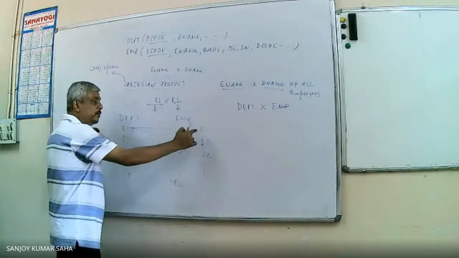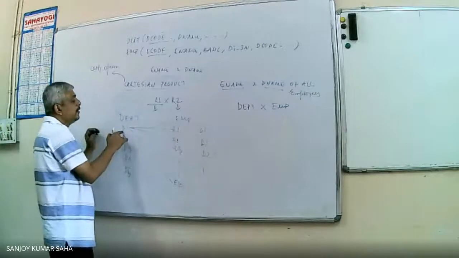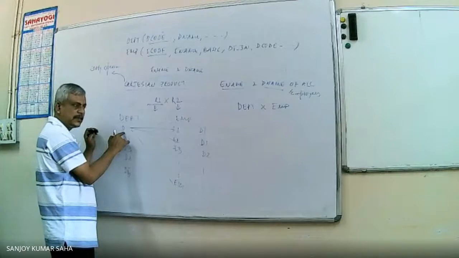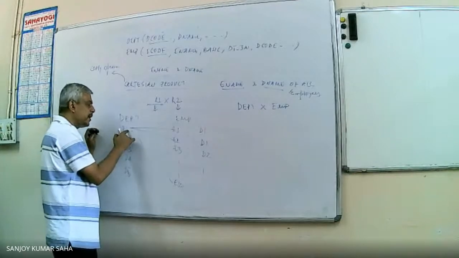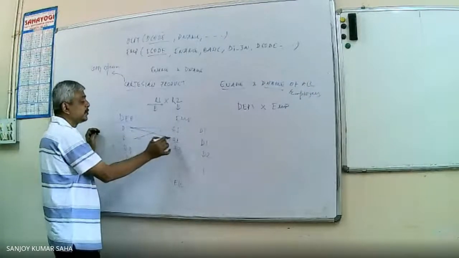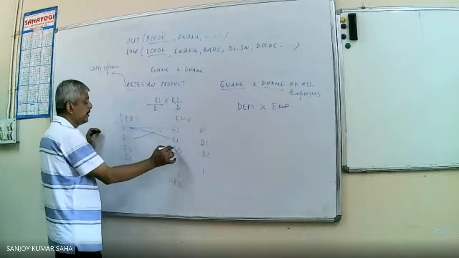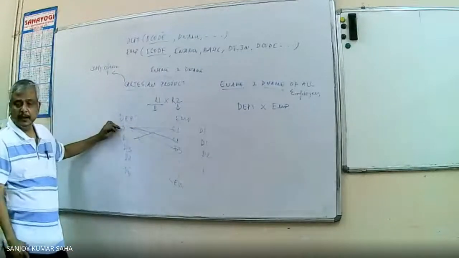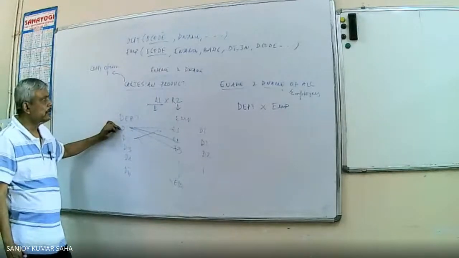But employee 1 working in D1, when it combines with D1, that's fine. Similarly, D2 will combine with this one. But if we consider this one, E3 working in D2, it is combining with D1. That is not meaningful.